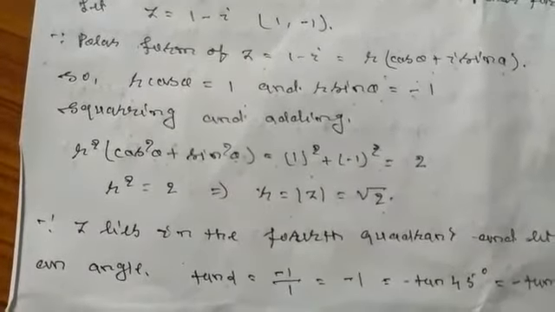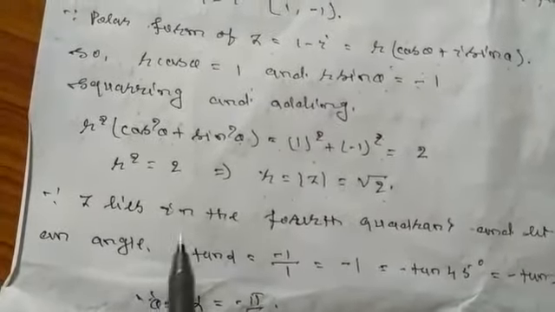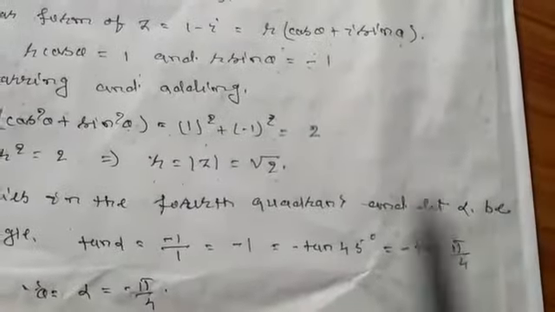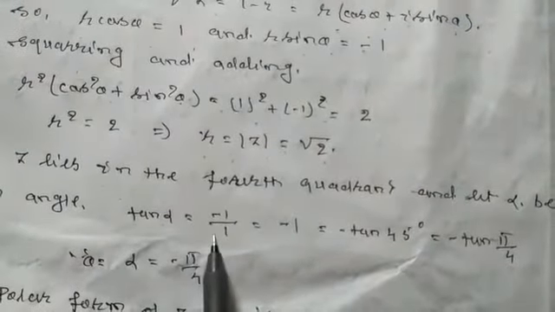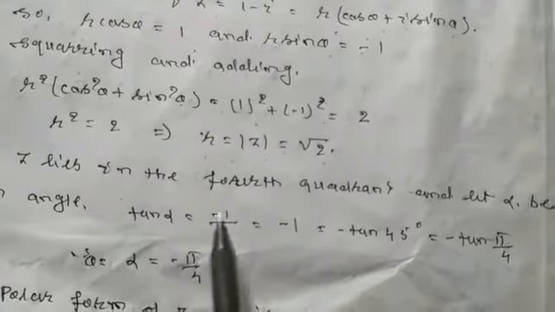Now we need to find its argument or amplitude. Since z is lying in the fourth quadrant, because its real part is positive and imaginary part is negative, let alpha be any acute angle. Then we have tan alpha equals b by a from the formula.